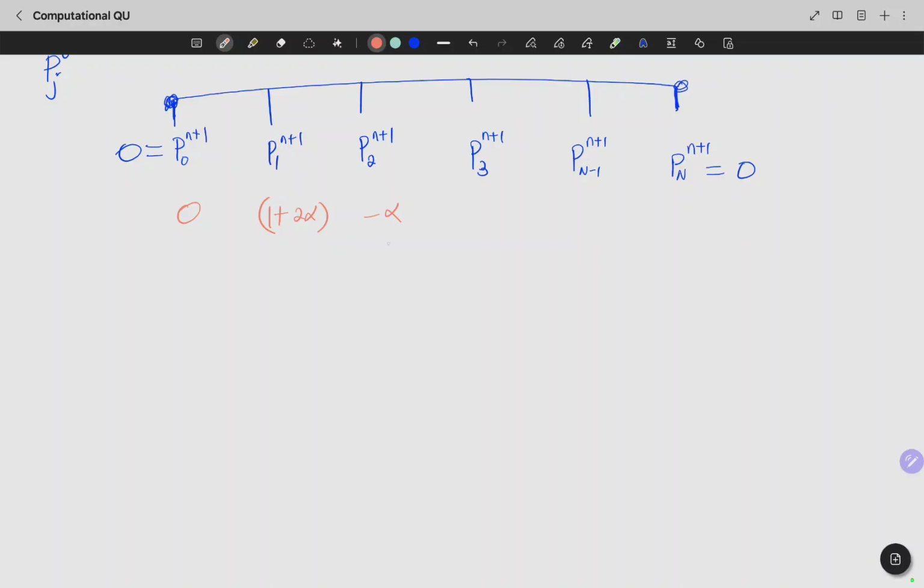Then I'm moving to the next. So here will be 0, 0, 0, like this. 1 plus 2 alpha, minus alpha. Here would be minus alpha. Here would be 0.